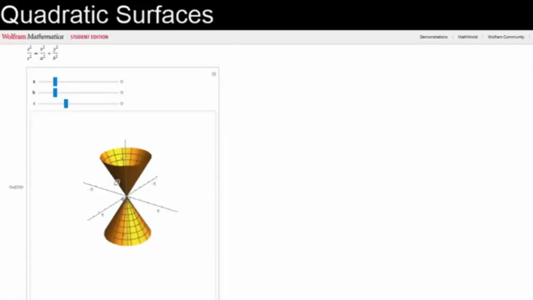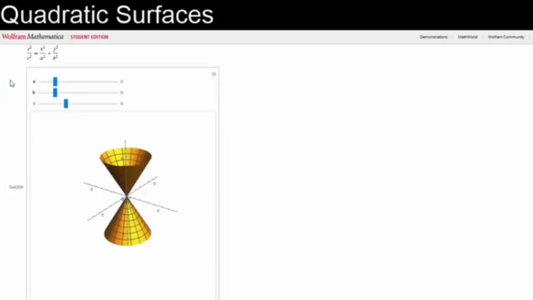So what happens when we mess with a and b? Well, it's pretty much the exact same thing that happens with the ellipsoid. If we think of z as staying still, imagine that z squared over c squared is just a constant.